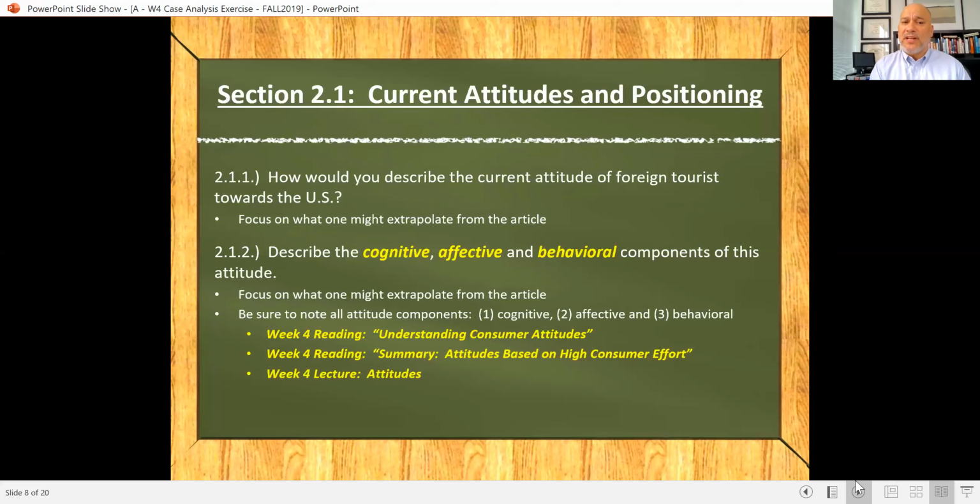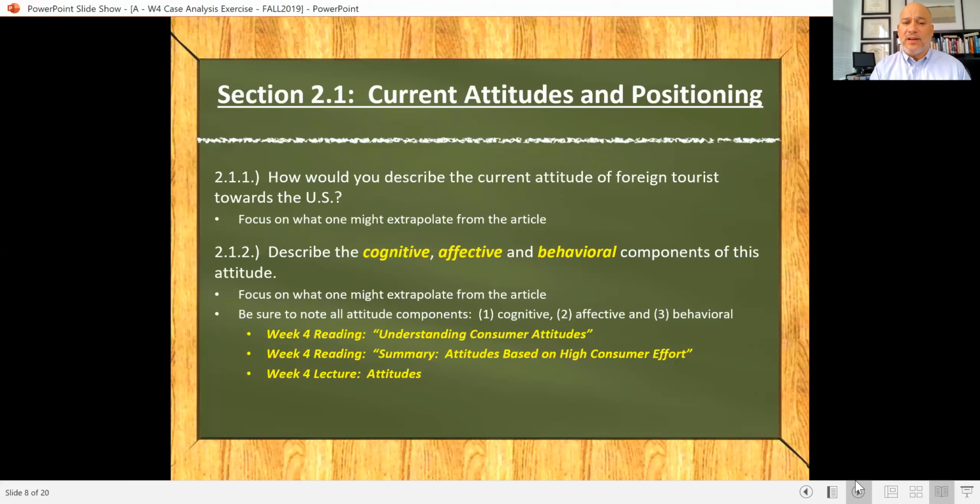The second question asks you to take that attitude apart and describe the cognitive component, the affective component, and the behavioral component, right? Here, again, look into the article, extrapolate what you can, and be sure to note what specifically is the cognitive component, what specifically is the affective component of their attitude, and what is their behavioral component of their attitude.